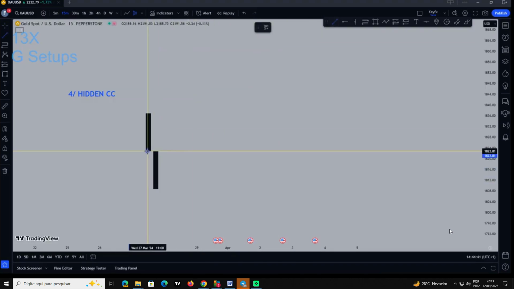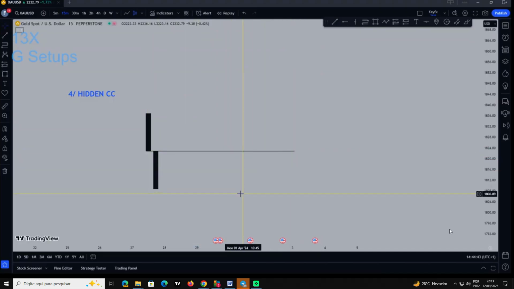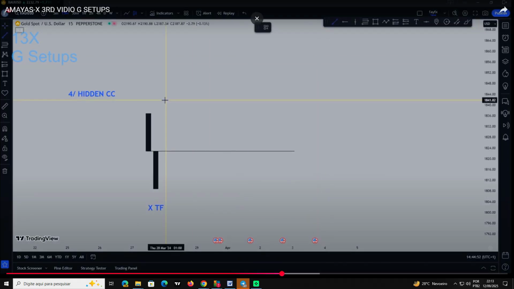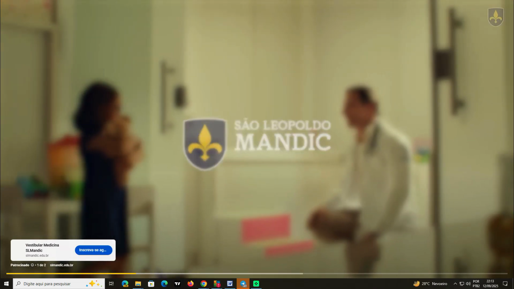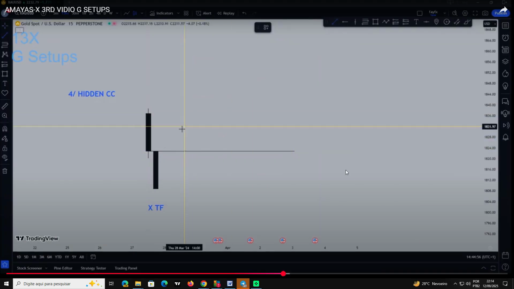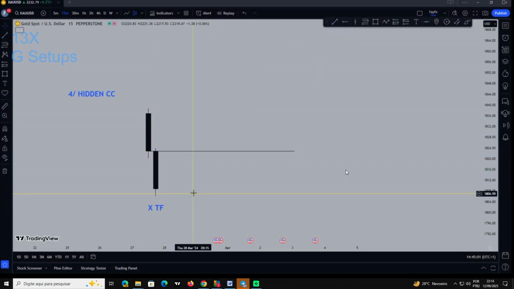On X time frame, a gap on X time frame. When we go one time frame lower, what are we going to find?